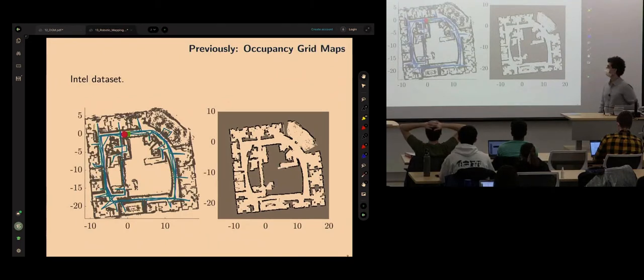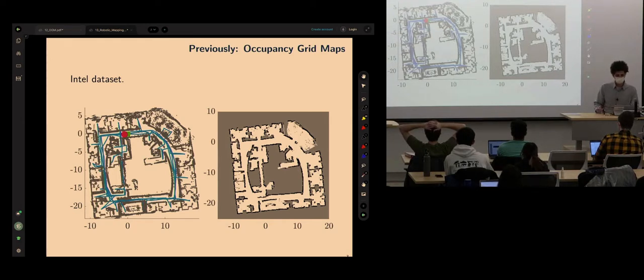Here is an example of an occupancy grid map using a real data set. The data set is called the Intel data set. It's collected in an office in Seattle. It's a research lab. A mobile robot is moving along the hallway several times and goes into some of the rooms. It's equipped with a 2D laser rangefinder.